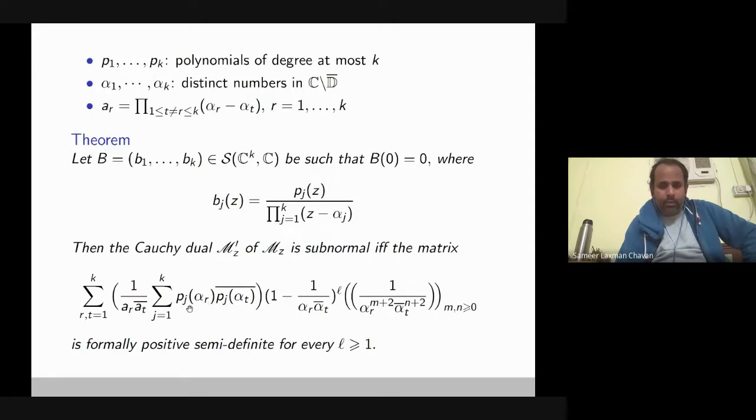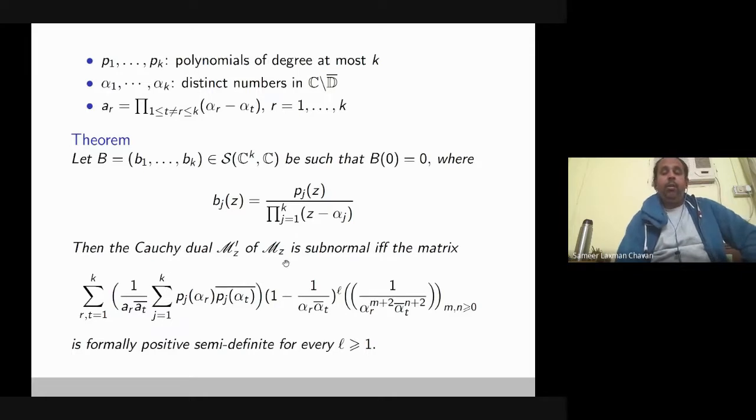Namely, this is the term: summation over j from 1 to k of p_j(alpha_r) times p_j(alpha_t) conjugate, and r should not be equal to t. In general we allow all, but when we get the orthogonality condition, we allow r not equal to t.